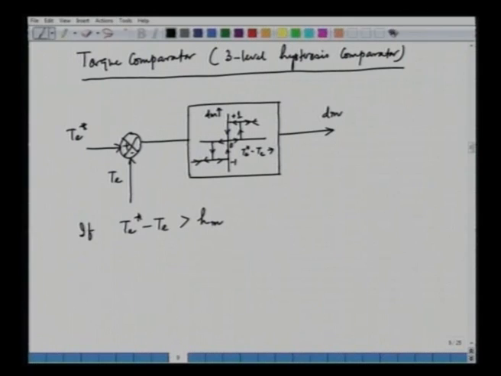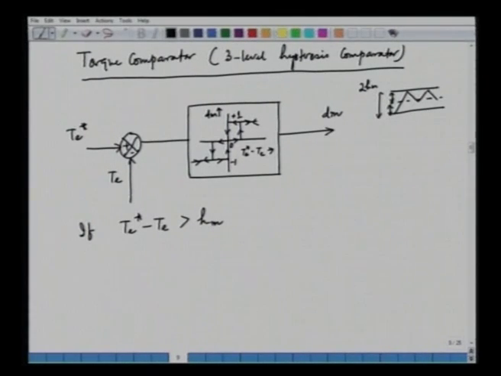Again the torque will be controlled within a hysteresis band. So, the bandwidth is 2 of H m. We have an upper band here, it is H m, and the lower band is also H m in this case. So, the total bandwidth of the torque is 2 into H m.